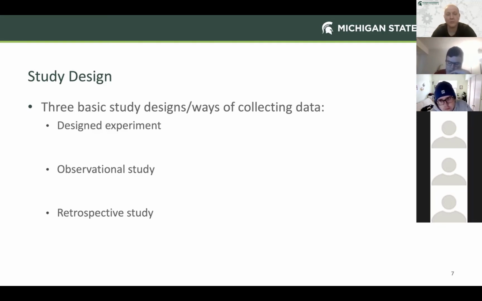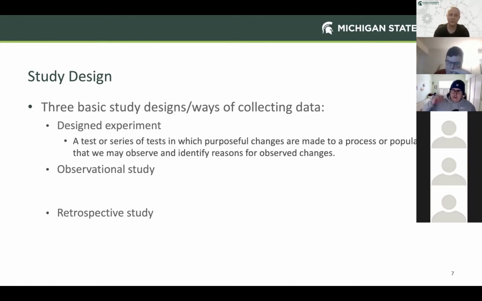And so if you think about this from a big picture standpoint, in a designed experiment, we can basically conduct a test or a series of tests where we decide which variables we would like to change. And so we can then monitor what impacts changes on those variables have on our population of interest, okay? And so if we think about that in the case of the speed limit example, in our best case scenario, we could just continually monitor drivers.